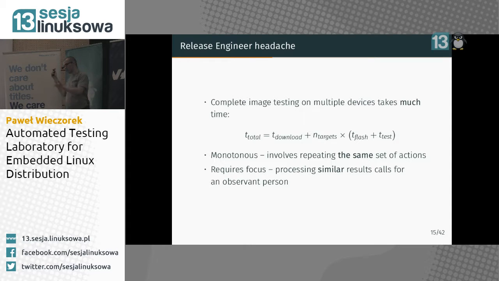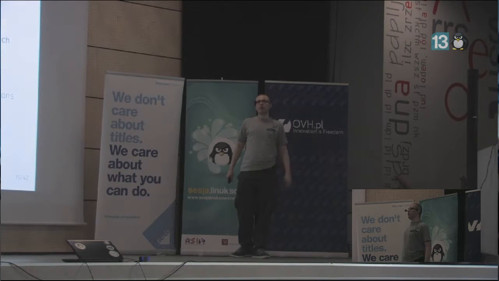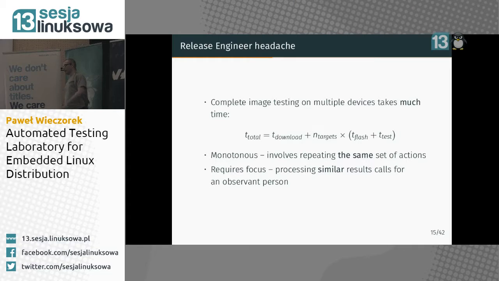And as I mentioned earlier, there are four main architectures we support, which are Intel-based and ARM 32 and 64-bit variants. And then we have to flash all those images onto reference devices and, of course, run our test cases.